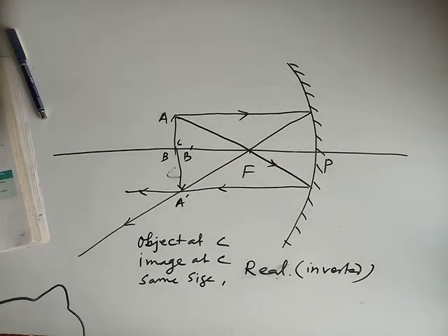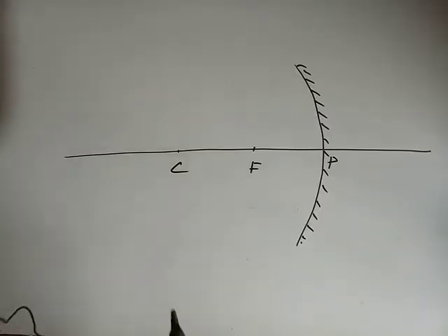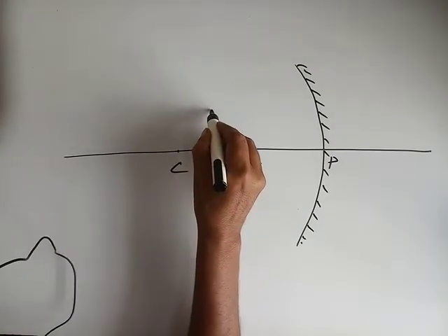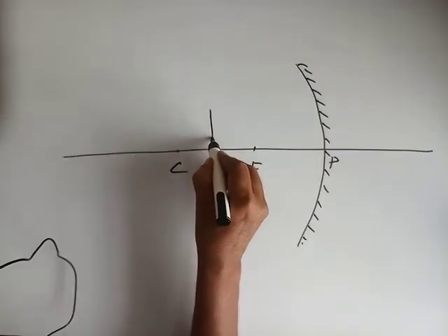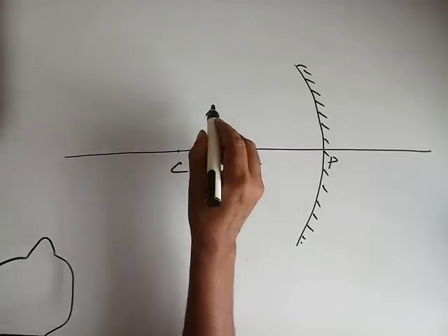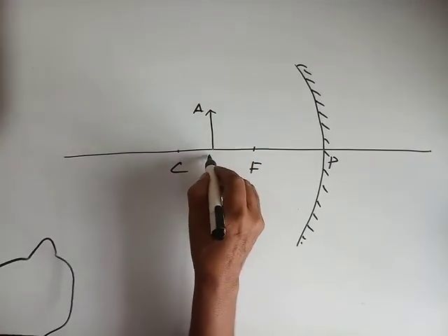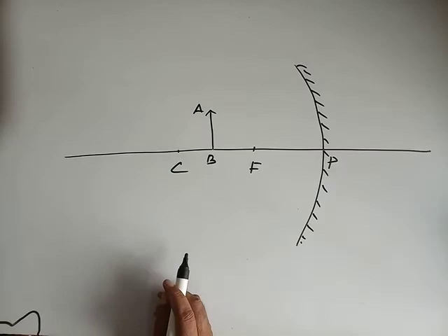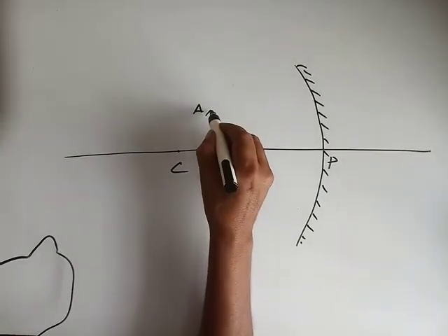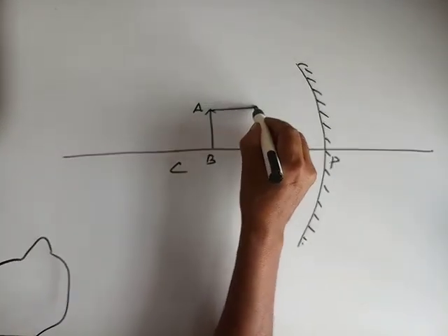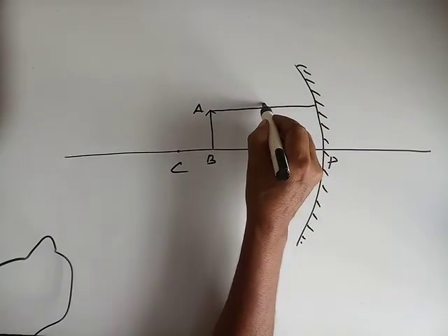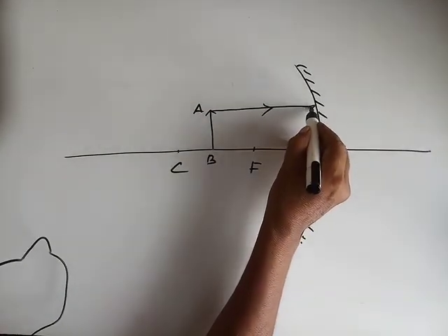Now let me draw one more image, when the object is in between C and F. We draw C and F here. This is A, this is B. In the same way, draw one ray parallel to the principal axis, and after reflection it will pass through the focus.